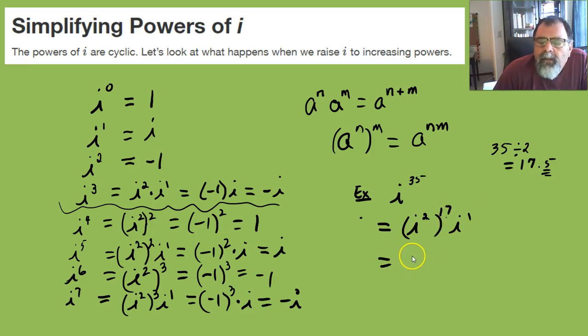So now this is -1 to the 17th, which is, if you know, -1 raised to an even power would be +1, -1 to an odd power, 17's odd, -1 to an odd power is -1. So we get -1 times the i. So it's -i. Okay, that's the way I do it.